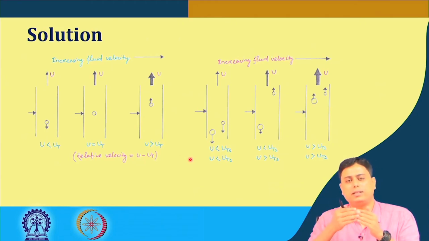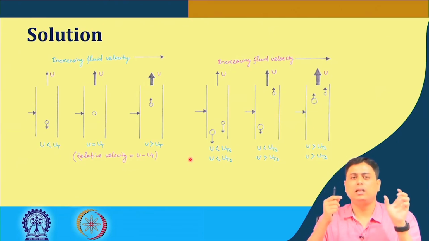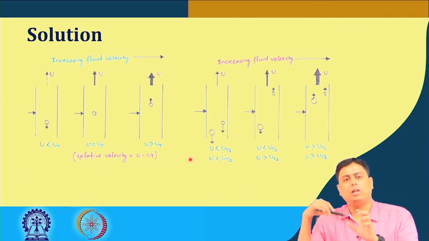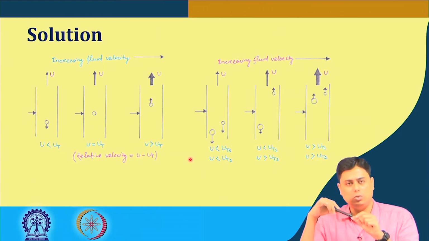For example, let us say there is a clear gap between material A and B, that from ut1 to ut2 is the terminal velocity range of particle A for size range of 15 to 40 micron, and for 15 to 40 micron of material B, the terminal velocities are u prime T1 and u prime T2.